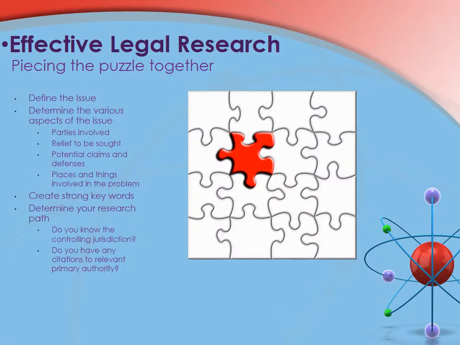So you don't want to search for cases in one jurisdiction if the controlling jurisdiction is another state, or in the case where it's a federal case, you want to look for federal cases if it's a federal issue. So jurisdiction is who has authority to hear that particular case.